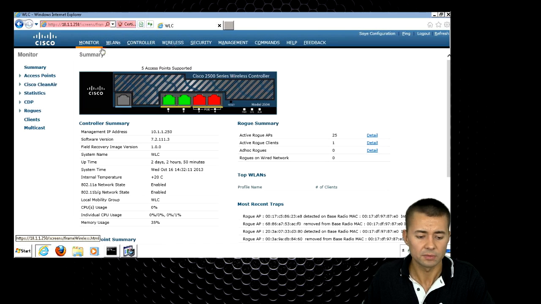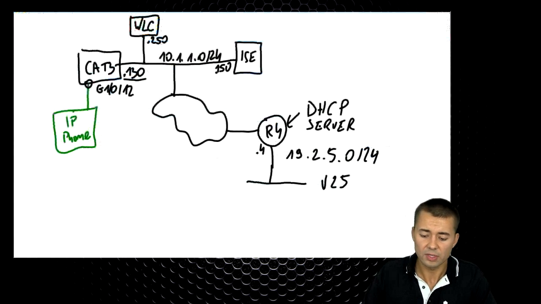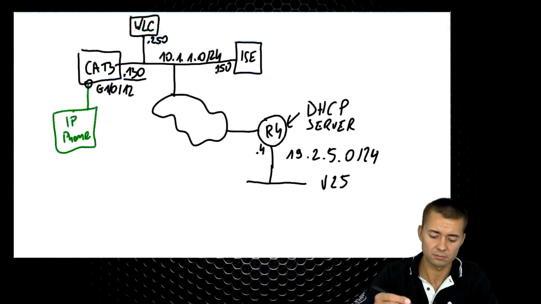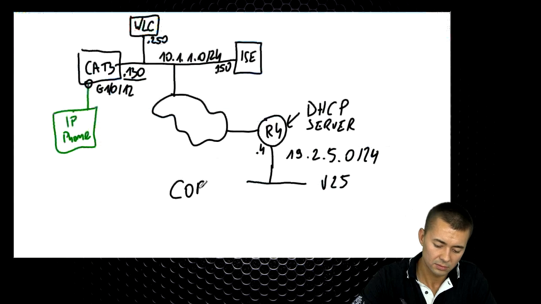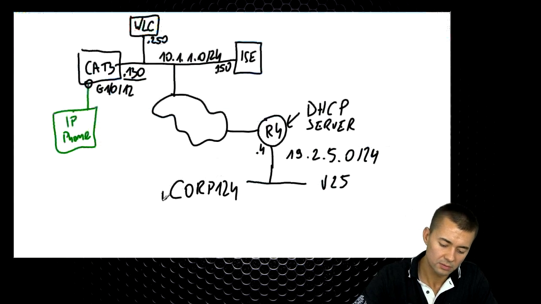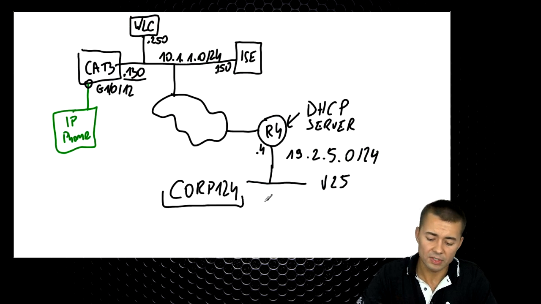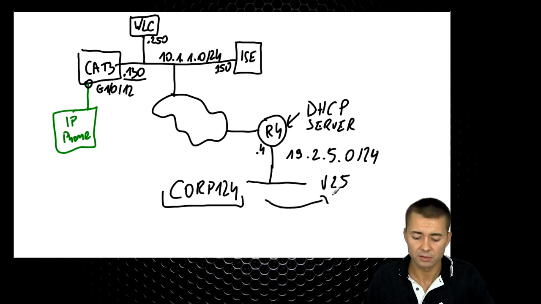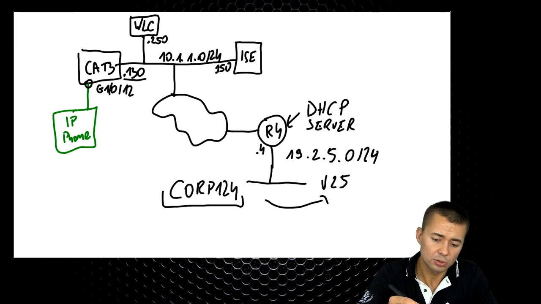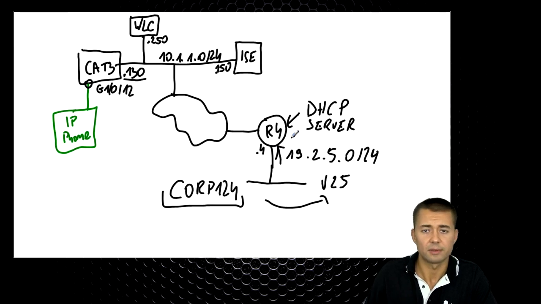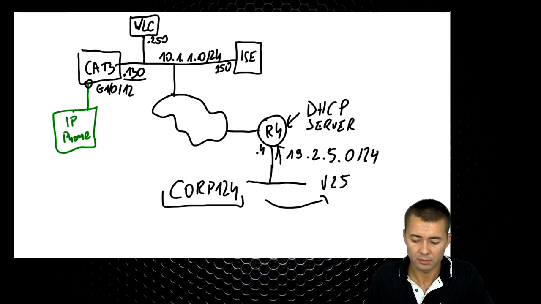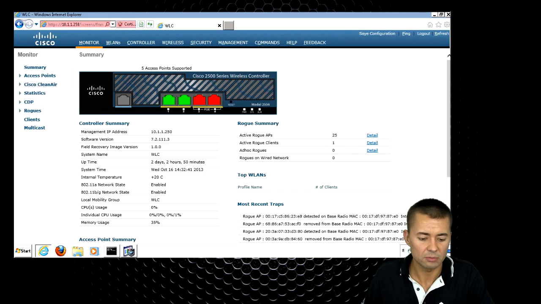One is going to be the interface that I will use later to associate with our wireless LAN. So the wireless LAN, we're going to call it Corp 124. This is going to be the SSID, and this SSID is supposed to map to this VLAN. So when clients associate, they will be put into VLAN 25, and they will be trying to obtain an IP address from our DHCP server, which is router 4. So this is what we are trying to do now, just configure the wireless LAN.